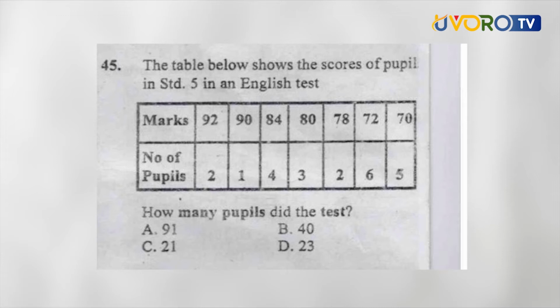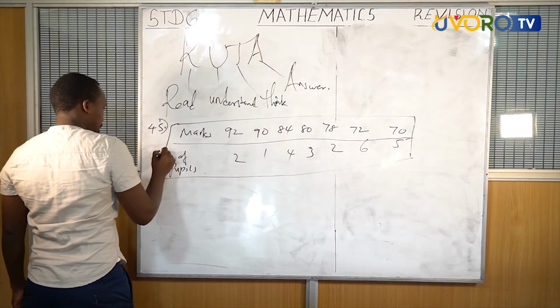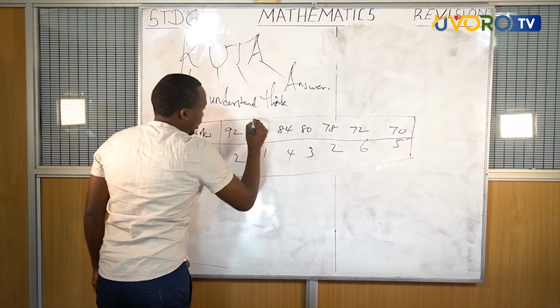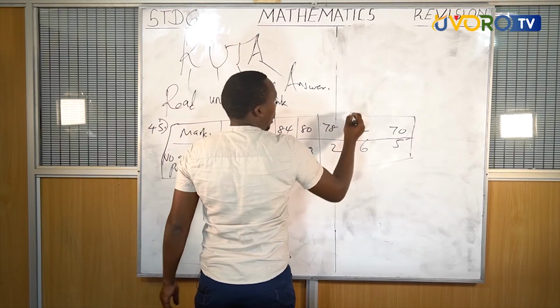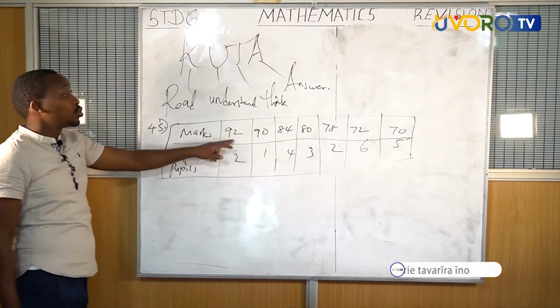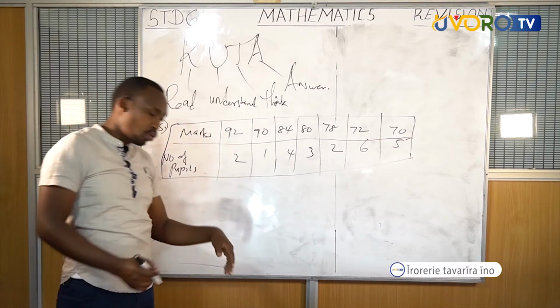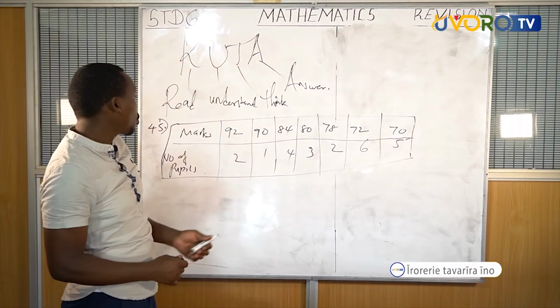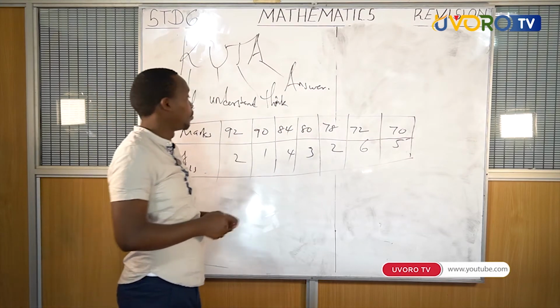Now, as you can see, these pupils did an English test and they scored the following. Those who scored 92%, they were 2. Those who scored 90, it is only 1 person.